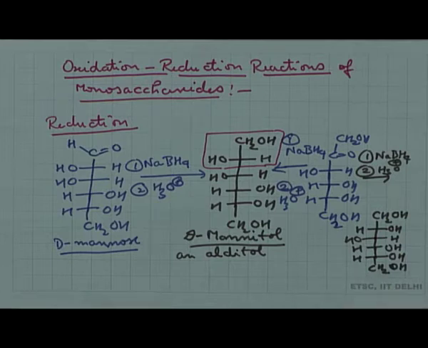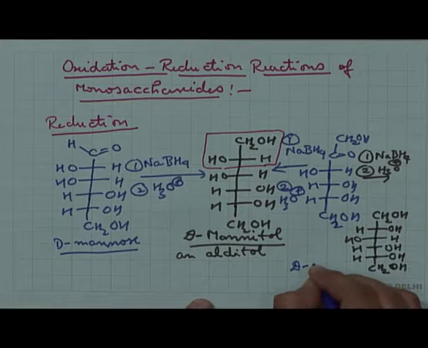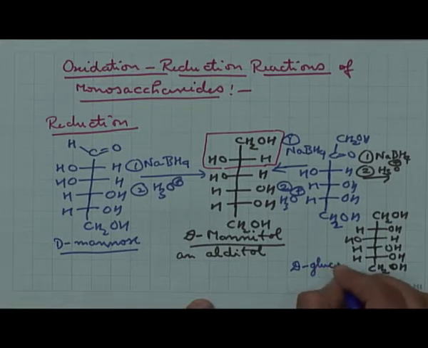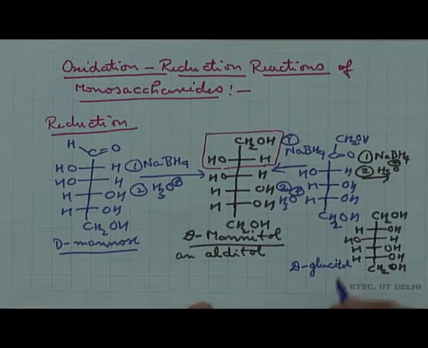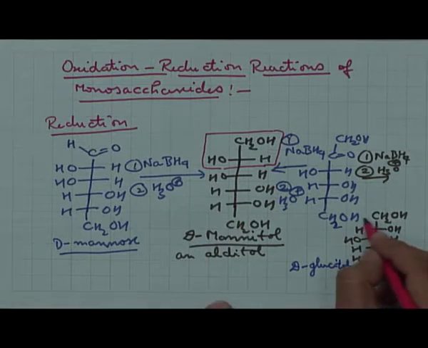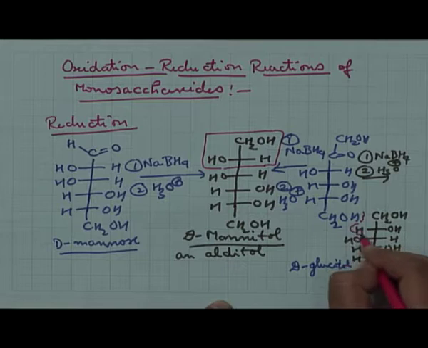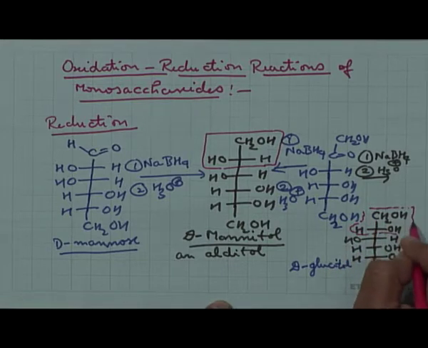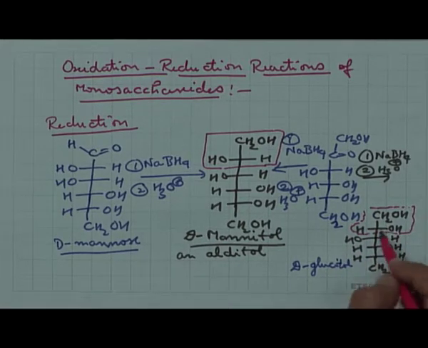So, this will give D-glucitol. Now, what is the difference between D-mannitol and D-glucitol? Only the orientation of the hydroxyl group.